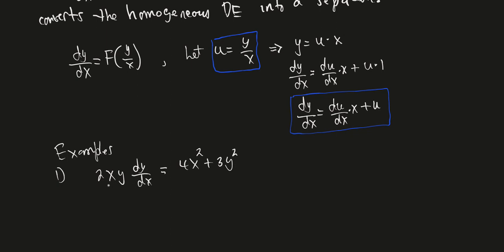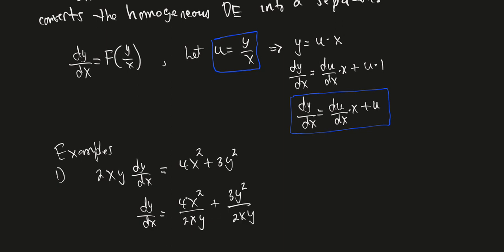Let's go ahead and divide both sides by the 2xy. But what I'm going to do now is actually write it immediately as two separate fractions. So dy/dx is 4x squared over 2xy plus 3y squared also over 2xy.